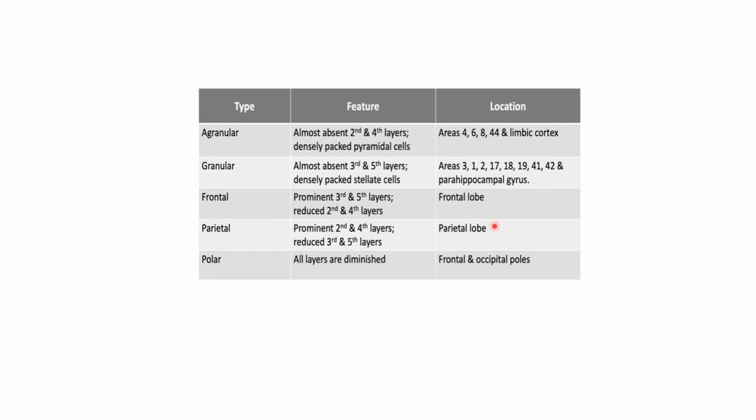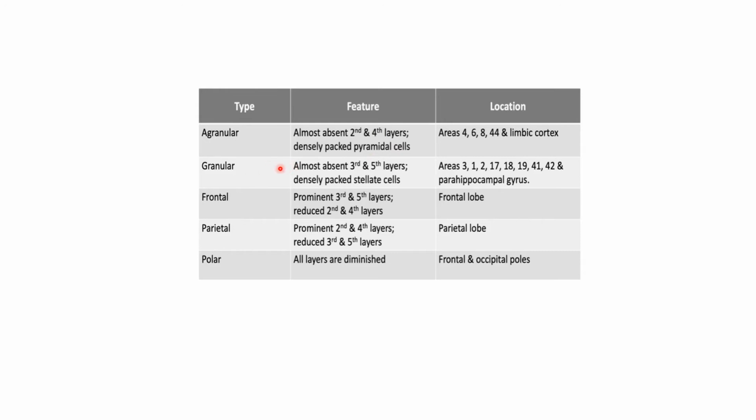There are different types of cortex which you can come across. We have the agranular cortex, where the second and the fourth layers are almost absent, in areas 4, 6, 8, that is the motor area, and the limbic cortex has the agranular cortex. That means the granular layers are almost disappearing or absent, and it has densely packed pyramidal cells.